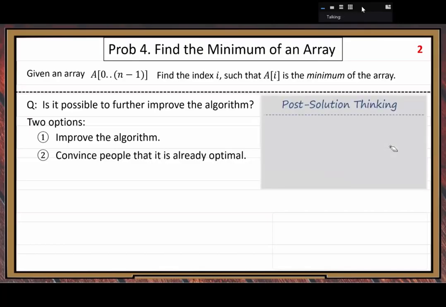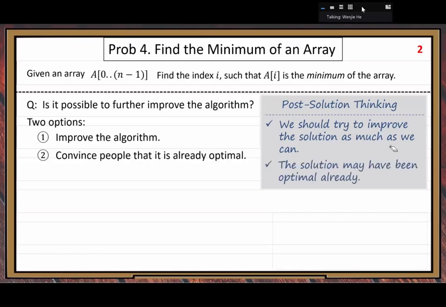So here is the general process. After we solve a problem, we need to try to improve. But if you cannot improve, then you need to consider whether it is optimal.